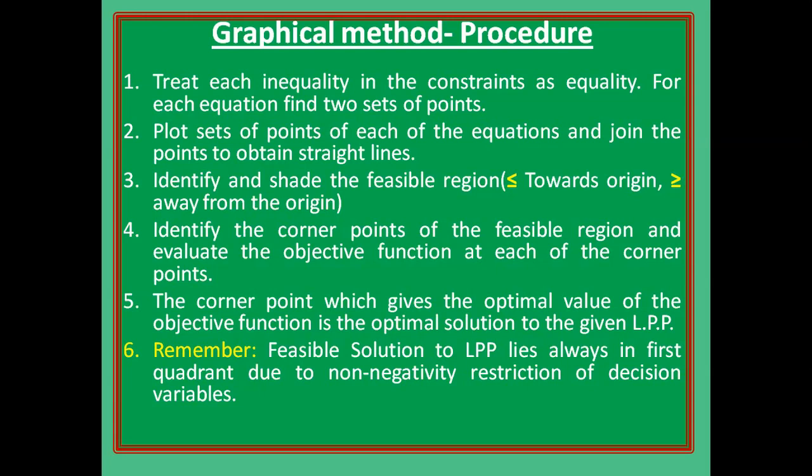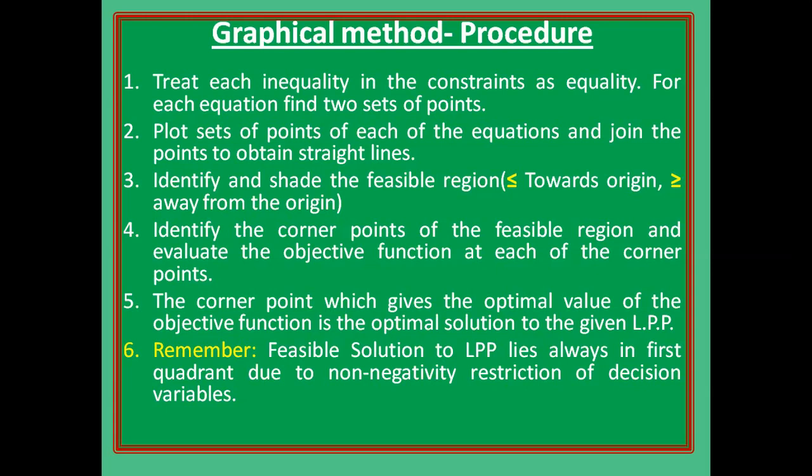First and foremost, treat each inequality in the constraints as an equality. For each equation, find 2 sets of points, the same procedure you have already studied in the linear inequality chapter. All the linear inequalities given as constraints are to be considered with equality.